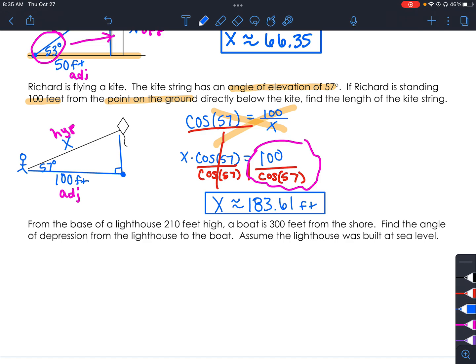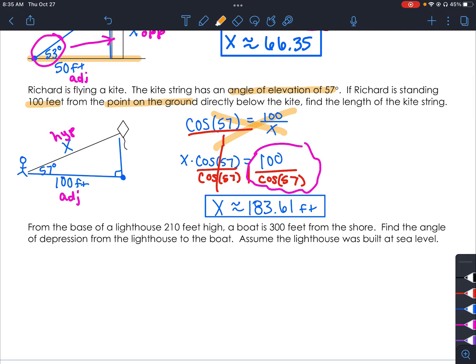This next one's kind of a challenge, so if you want to read it by yourself and try to draw the picture, you can. If not, we'll do it together. So from the base of a lighthouse, it is 210 feet high. So we have our little lighthouse, and it's 210 feet high.